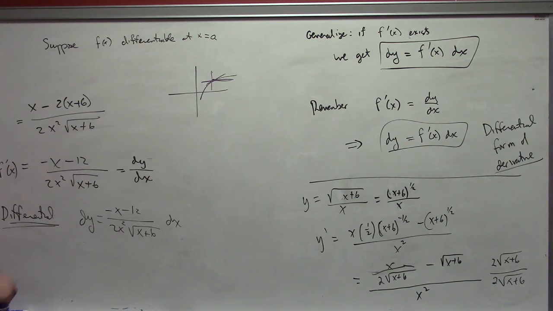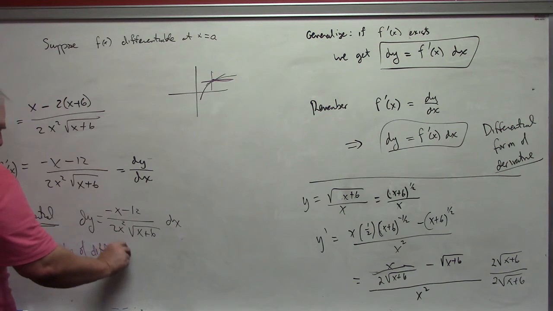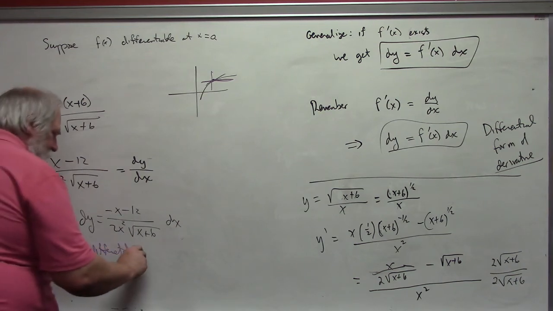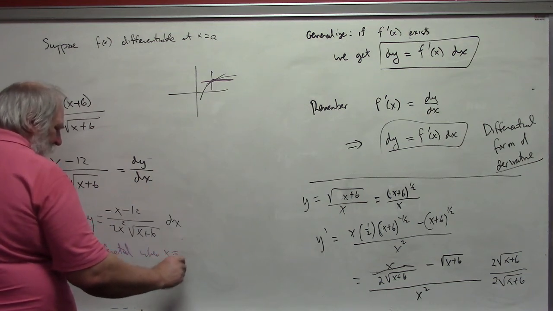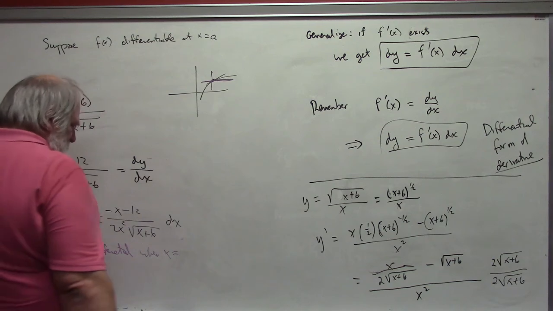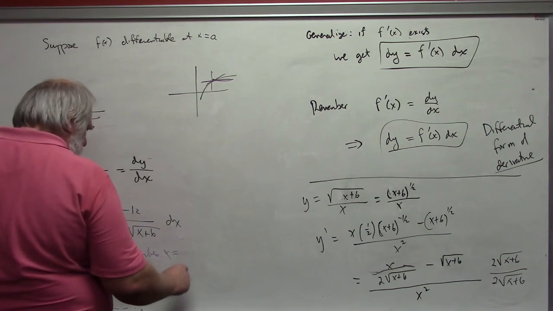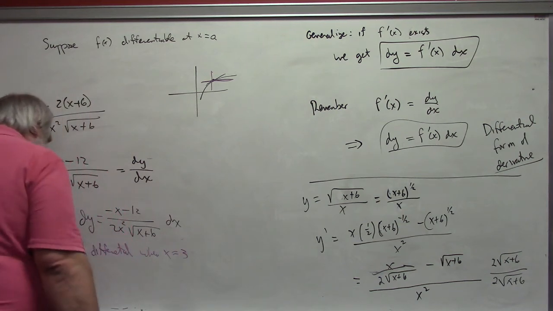And so let's find the value of the differential when x is equal to, let's see, what do I want? How about when x equals 3? Make it kind of simple.